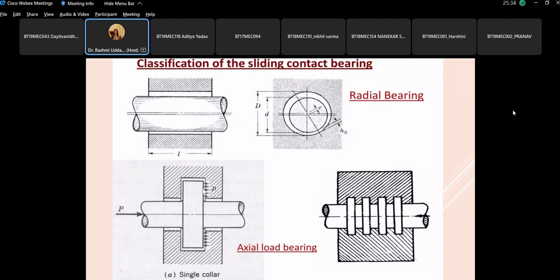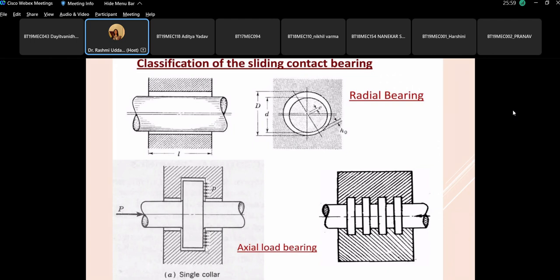And to lock this, we have to provide a collar. And the moment a collar is provided, this becomes an axial load bearing, so the bearing which can withstand the axial load also. The axial load is coming along the axis of the shaft. So this is in the direction P, and it is resisted with this collar inside the cavity.